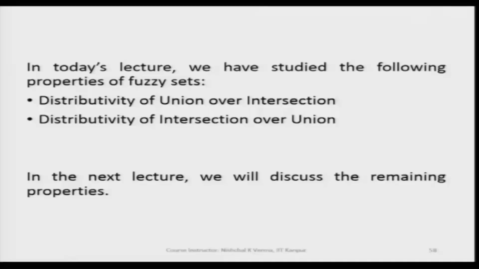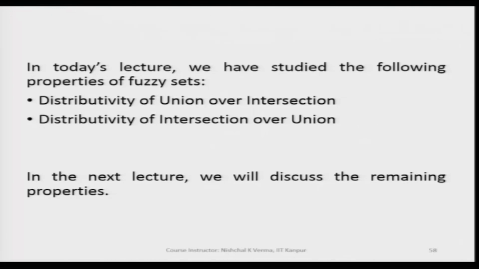After verifying this, we can say that the distributivity property of union over intersection and the distributivity property of intersection over union are both satisfied for fuzzy sets.